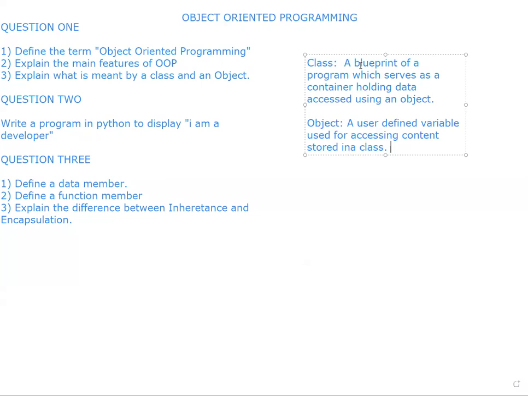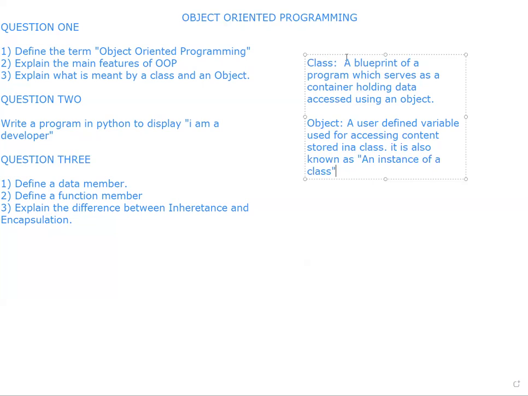This is why an object is also known as an instance of a class. These are very technical terms, I know, but all you need to know is that a class holds different types of data, and you basically use an object to access the data stored in that class.